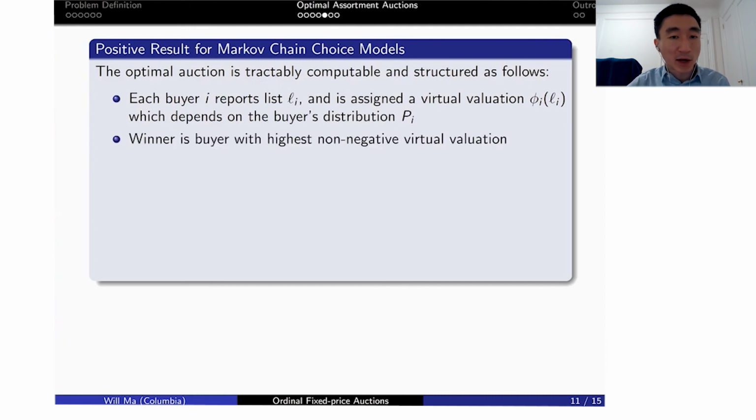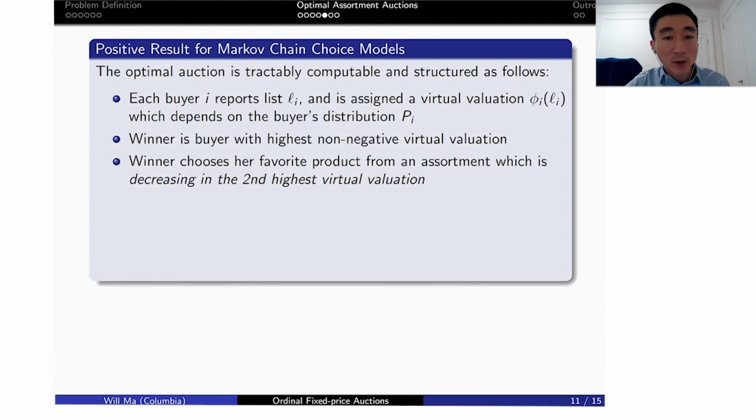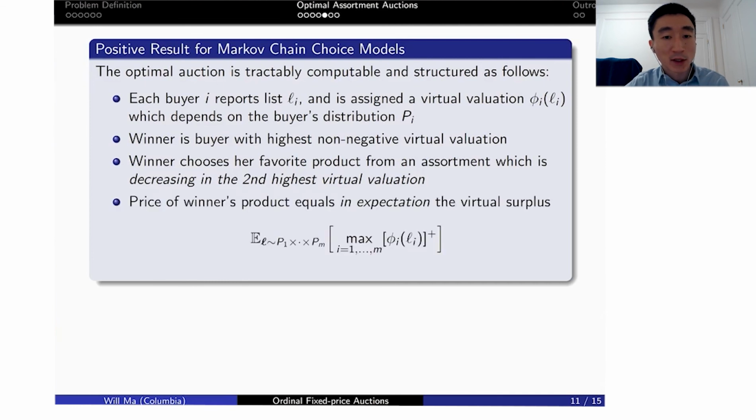The winner is then the buyer with the highest non-negative virtual valuation, and the winner chooses their favorite product from an assortment, which is decreasing basically in how much competition there is in the auction, which is the same way Myerson works. And then in expectation, what you collect from this winner is equal to the expected virtual surplus as defined through these virtual valuation functions.